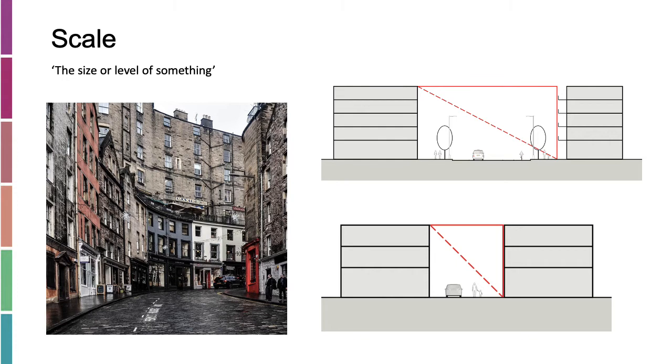Scale can be experienced differently depending on the viewpoint. Ground floor windows and doors are experienced close up. Overall building height is seen from a distance. On the left is a street leading up from the Grassmarket in Edinburgh, and look at the contrast, the scale of the shop fronts to the building heights.